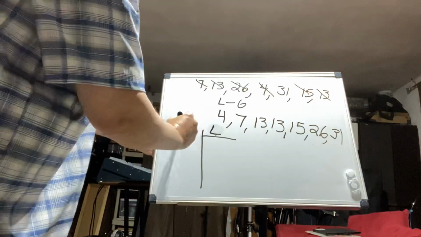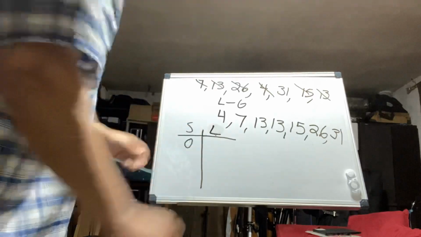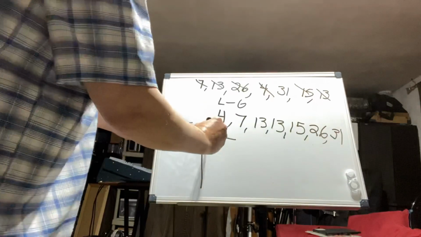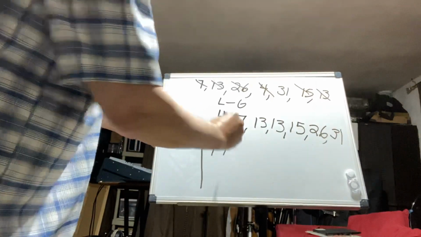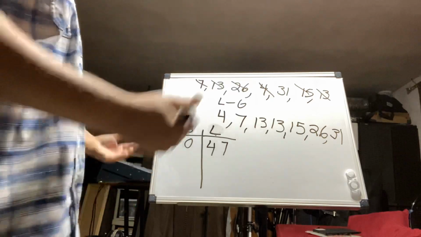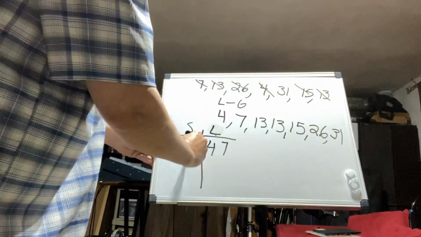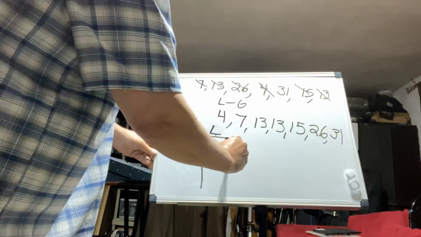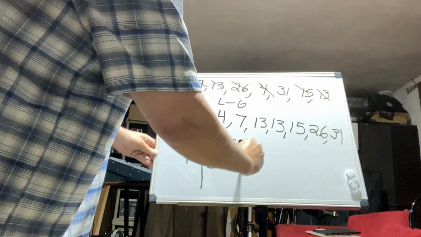So, the first thing I'm going to do is I'm going to put 0. What numbers do we have that go from 0 to 10? Well, we have the number 4, and we have the number 7. So, I'm done with those two numbers. So, what's in my teens? I have the number 13, and it happened twice, and I had the number 15.